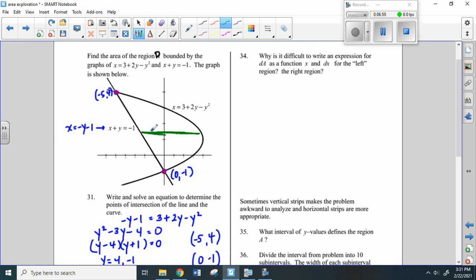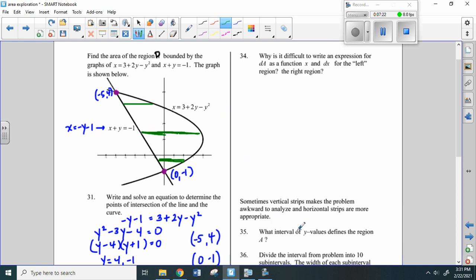Think about it: no matter where I draw that horizontal strip, notice I'm always touching the same two curves, the same curve on the right and the same curve on the left. So I won't have to divide my region up, which is really good. But the problem with going horizontal is I'm going to have to change my variable.